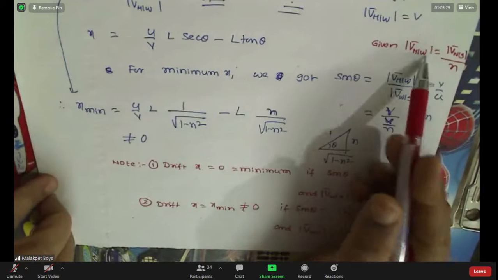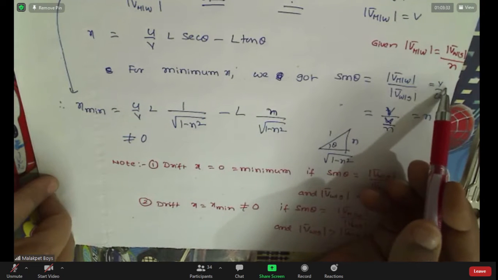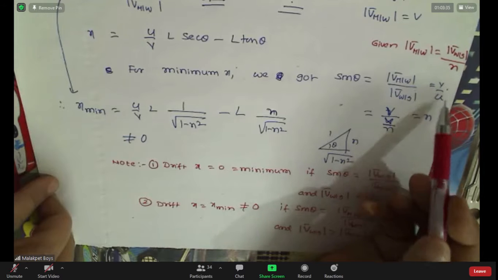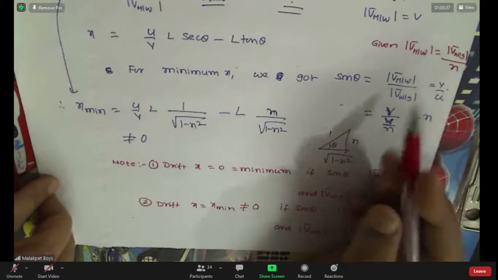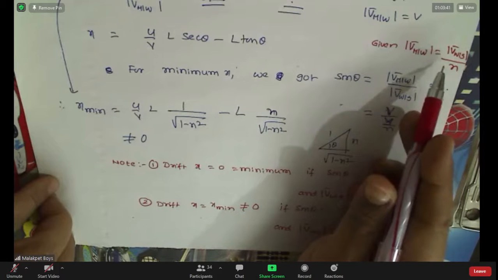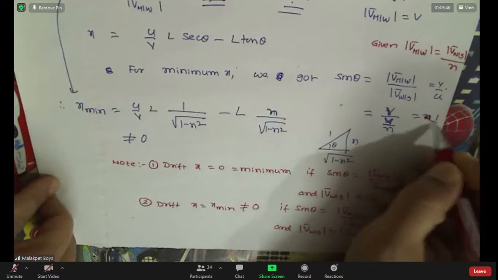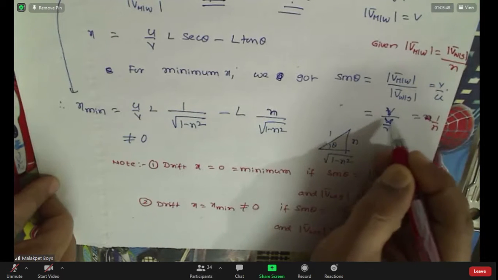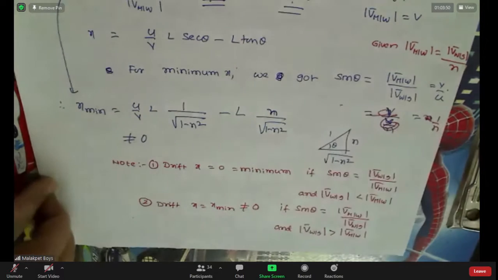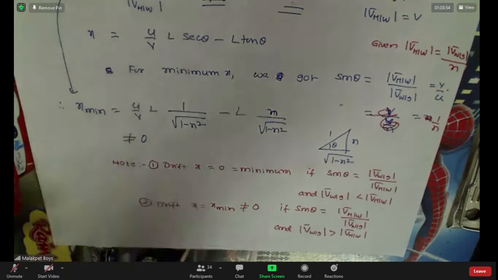Agreed. So man with respect to water, this V1 we have taken, V by U. So this is 1 by n, no? Am I right or not? This is coming to be 1 by n.